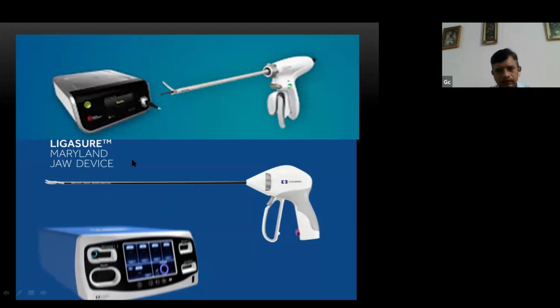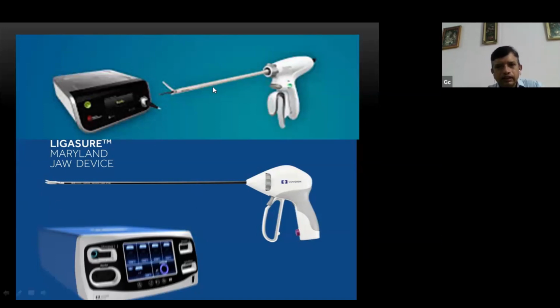These instruments have also evolved, and these two are very useful in thyroid surgery. Both have advantages and disadvantages, but it depends on how comfortable you are. Both are perfect for thyroid surgery.